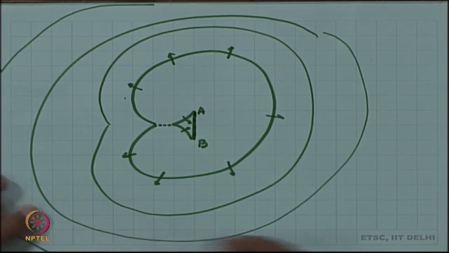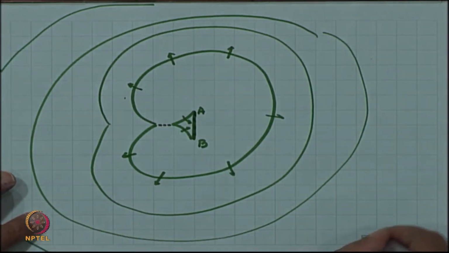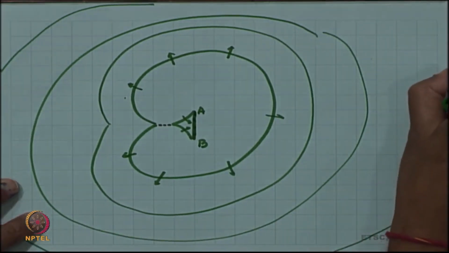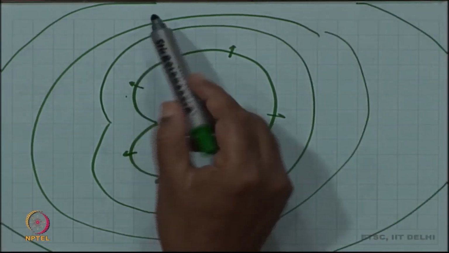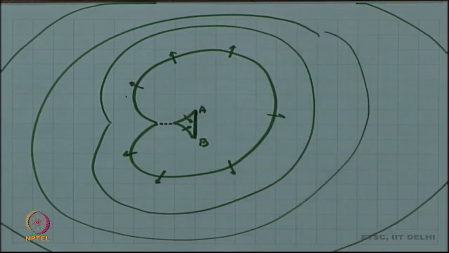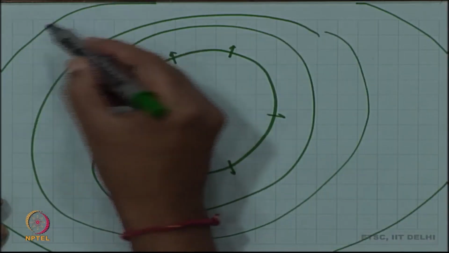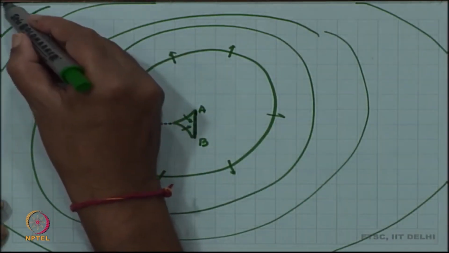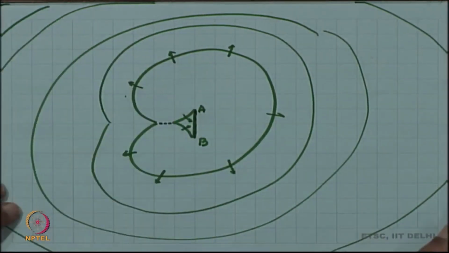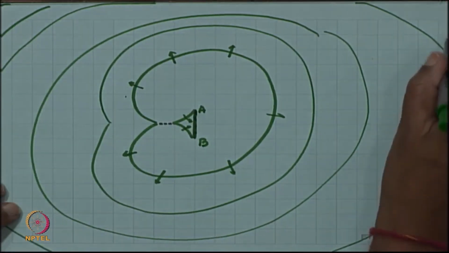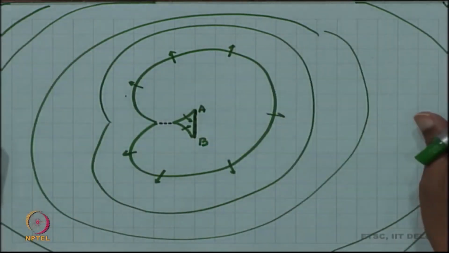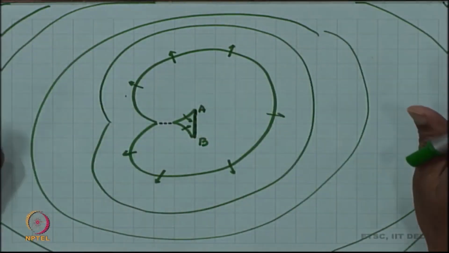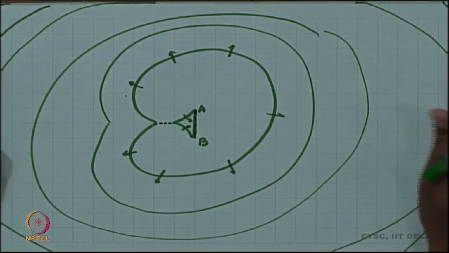And when it will start coming out, let me try to simulate that on this board. So, now you can see some part of the dislocation has gone out of the slip plane, out of the crystal, and finally, these segments which are left will also keep moving in that direction and will come out. So, when one loop completely sweeps out the entire slip plane, you get a step of one Burgess vector.